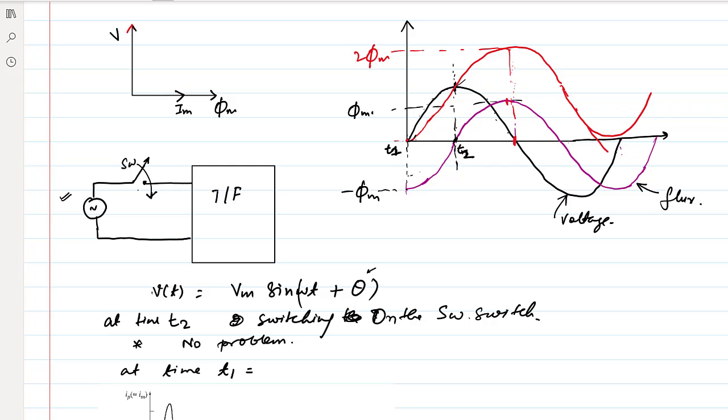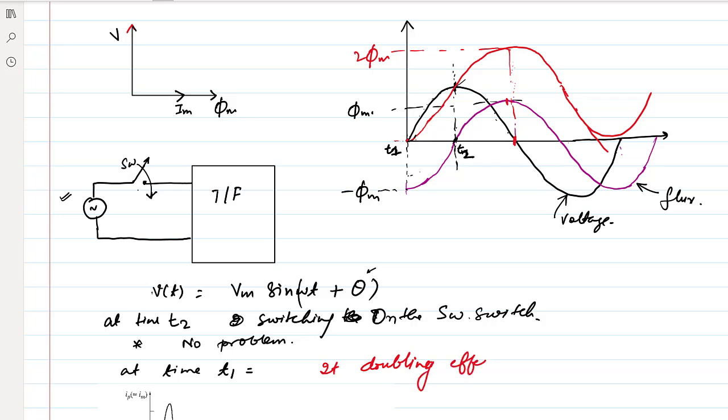This is the transient flux, not the steady state. So in the transient condition, for the initial few cycles the flux goes up to 2 phi m. That is known as the doubling effect.